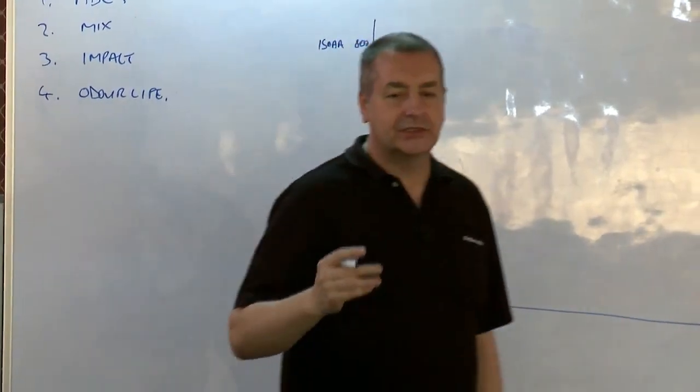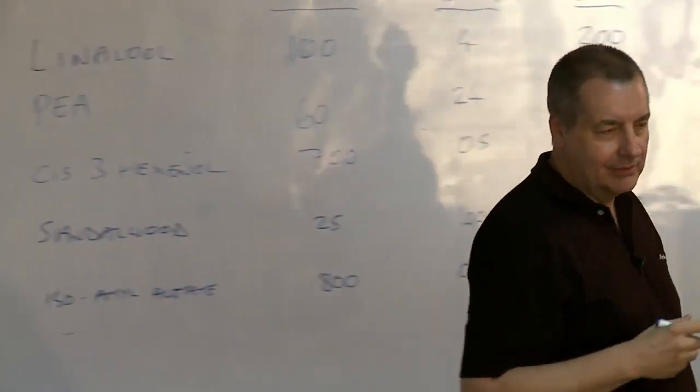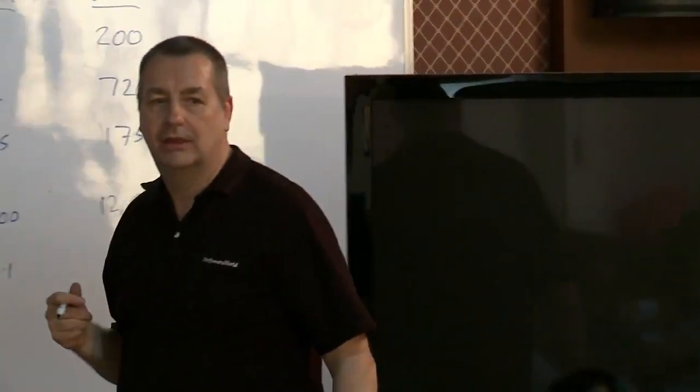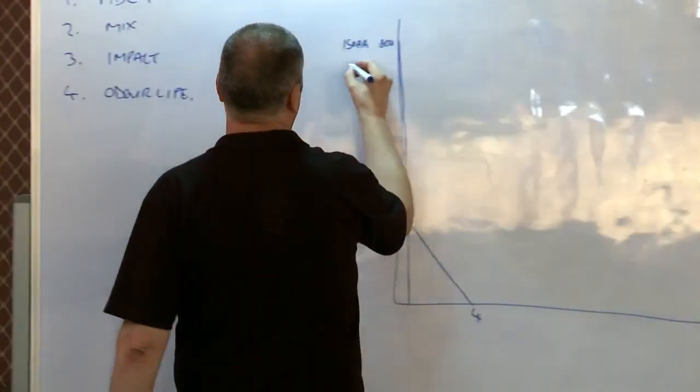If you do these lines very straight, the next part becomes very easy. Your cis-3-hexanol from 700 to half an hour.